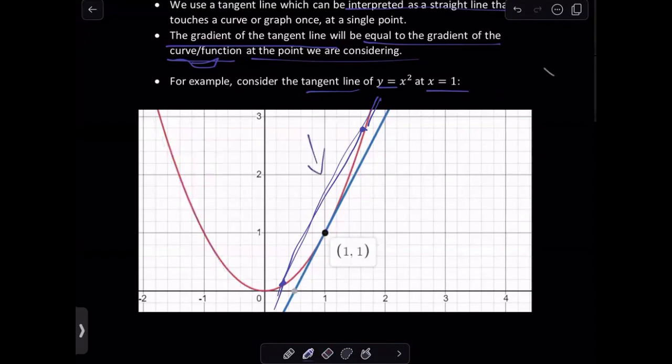It's going to give you an approximation of the gradient at a point, but it's still an approximation. Okay, you can get it quite close with an approximation, but it's not the exact answer that we want. This is average gradient when you take y2 minus y1 over x2 minus x1. Okay, we are considering gradient at a single point. It's sometimes called the instantaneous change at that single point.